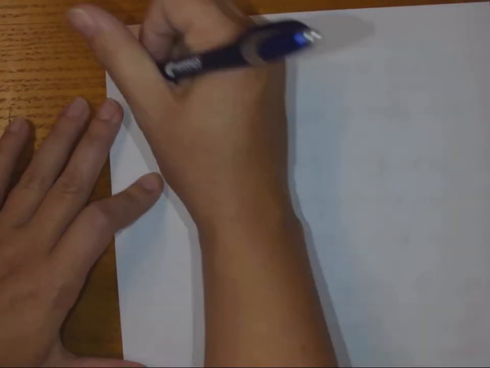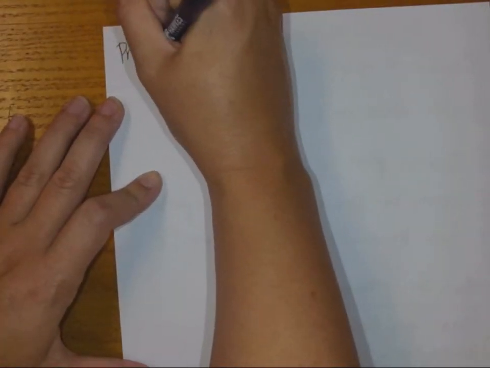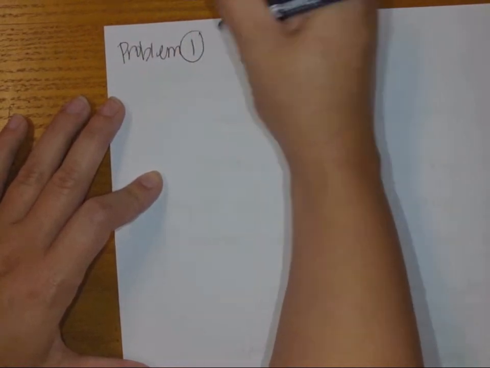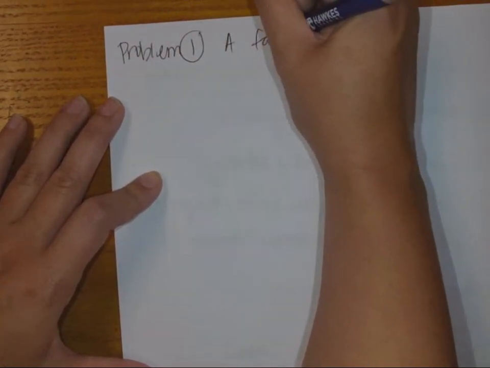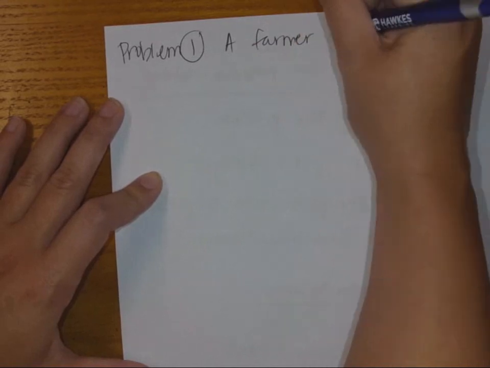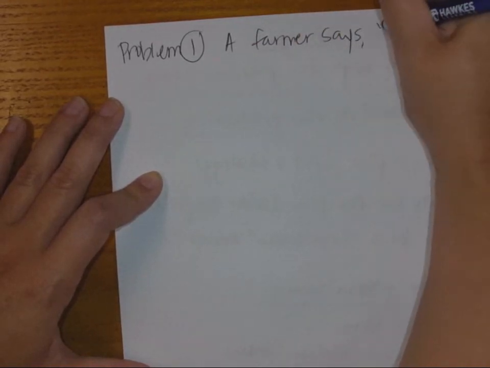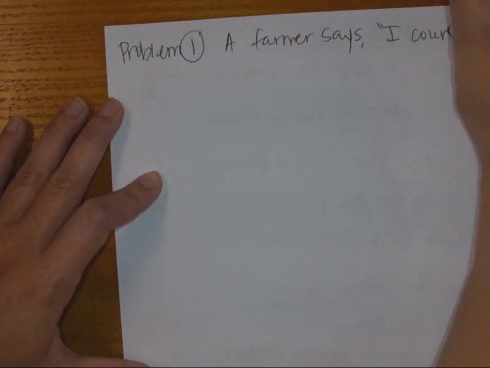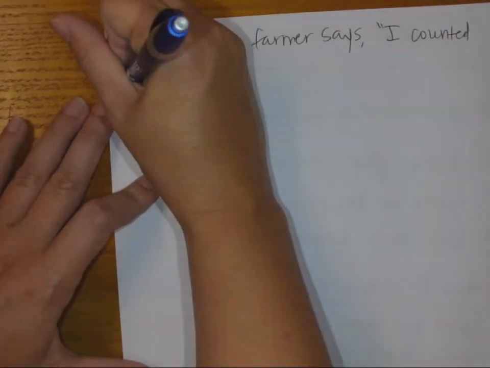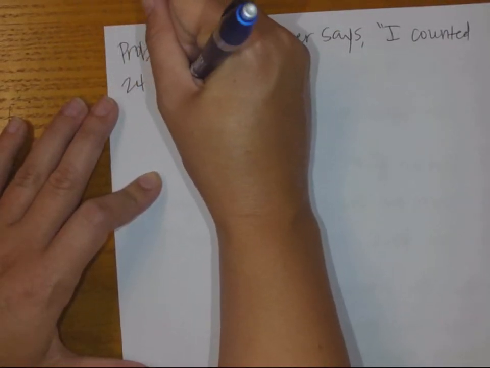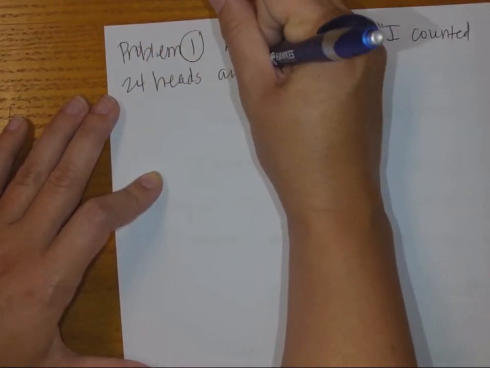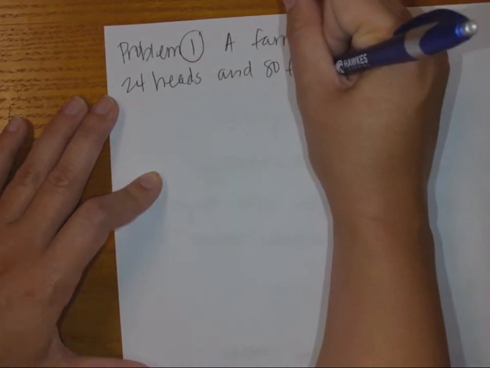Okay, so our first problem is, so this is problem number 1. A farmer says, I counted 24 heads and 80 feet.